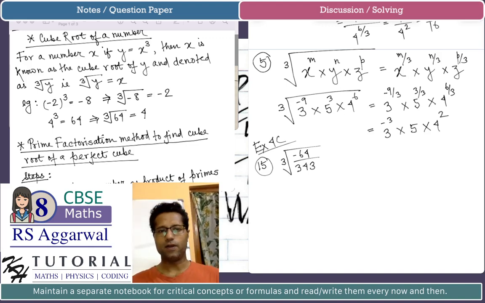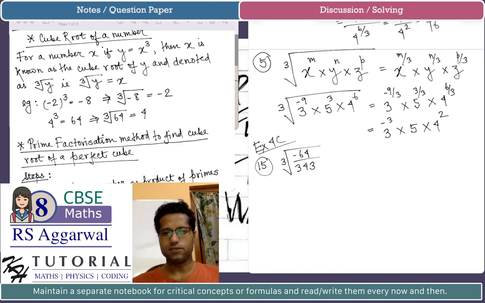Like 125 is a perfect cube, 343 is a perfect cube, 343 is equal to 7 cube, 64, 125, then 729. These are some standard numbers which are perfect cubes, you must always be well aware of, so that you can quickly know what their cube roots will be.